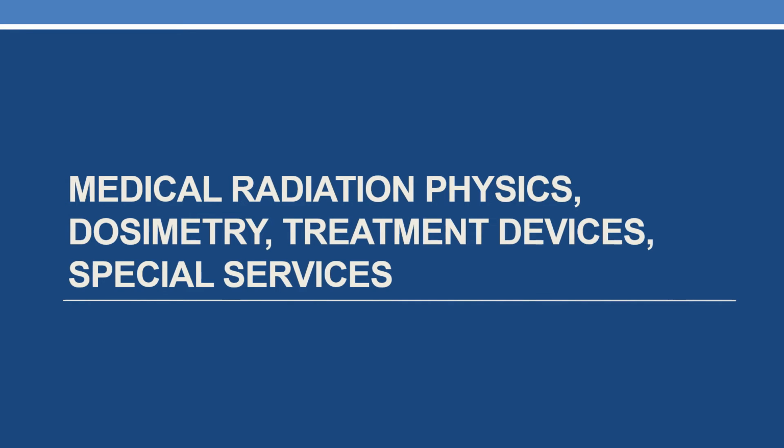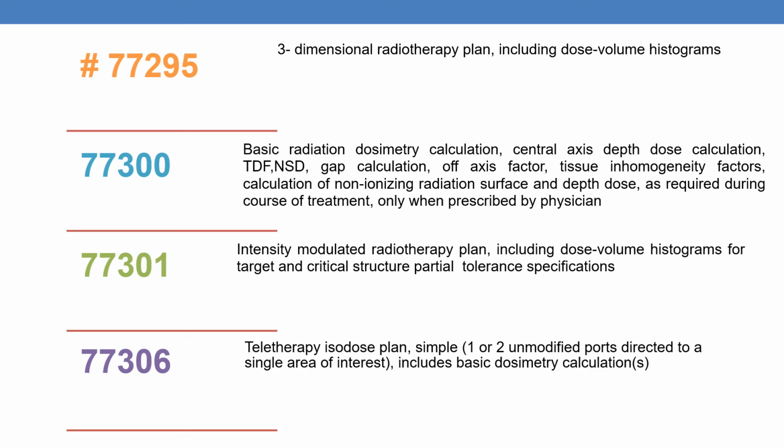Now coming to medical radiation physics, dosimetry, treatment devices and special services. The first CPT is 77295, which is an out of sequence code, hence it is indicated by a number sign. The description is 3-dimensional radiation plan including dose volume histograms.